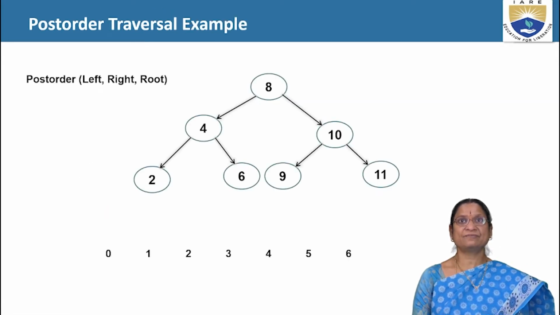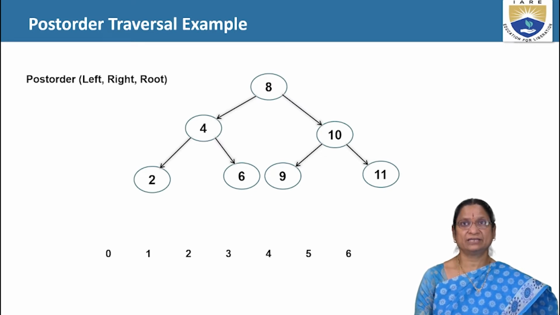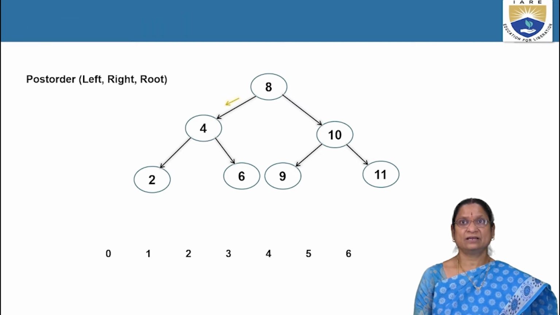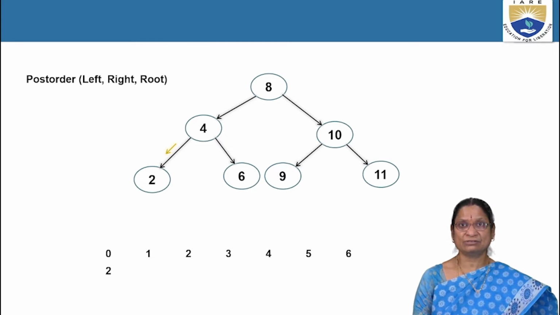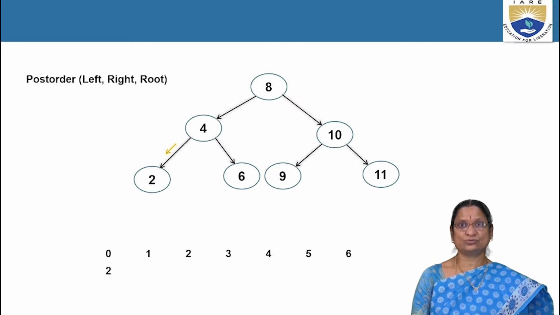So post-order traversal means we get left, right, root here. Left means it will start from 8, left means 4, again it has 2 on the left, and there is no left for the 2. There is no right also. So no left, no right, then the root will be processed. The root is 2 now, so 2 is going to be printed.